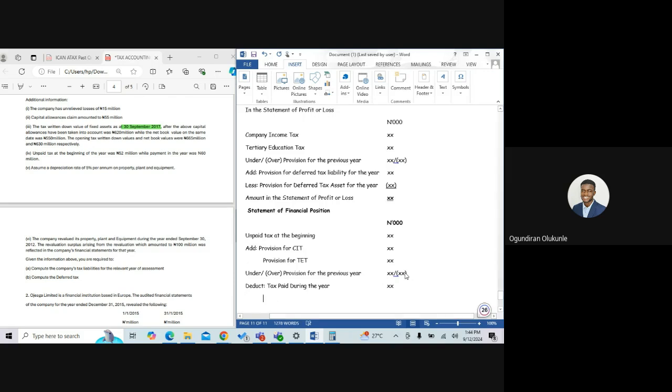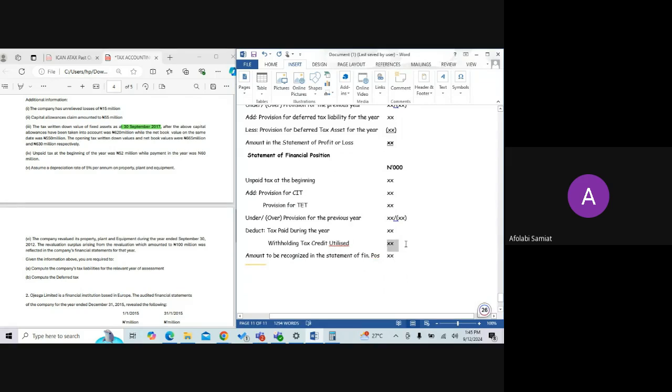Then deduct withholding tax credits utilized. And if you do that, you have the amount to be recognized in the statement of financial position. All right.